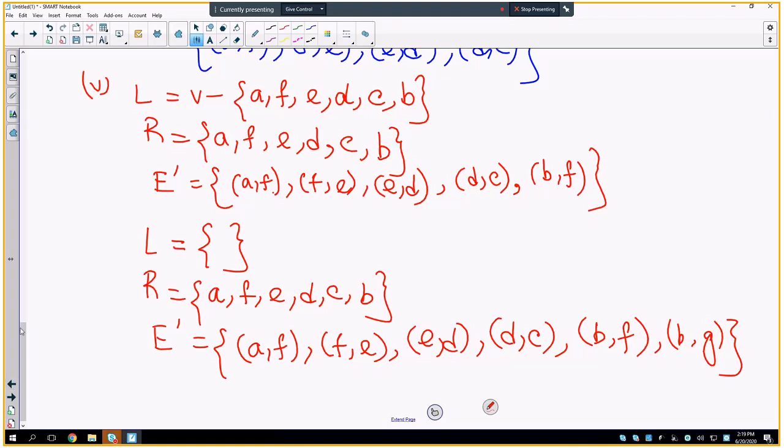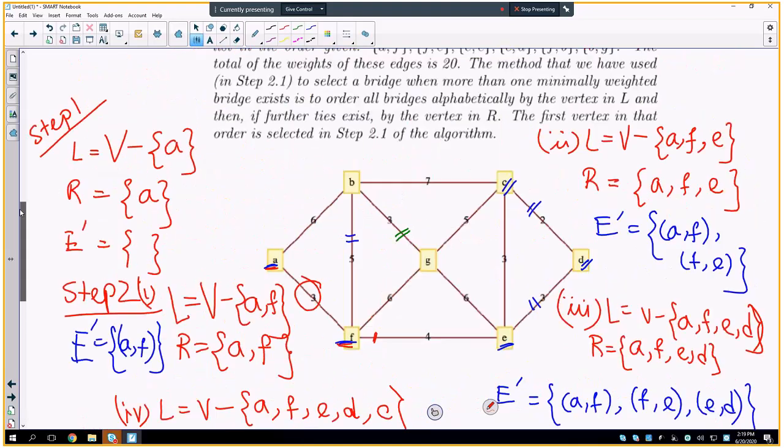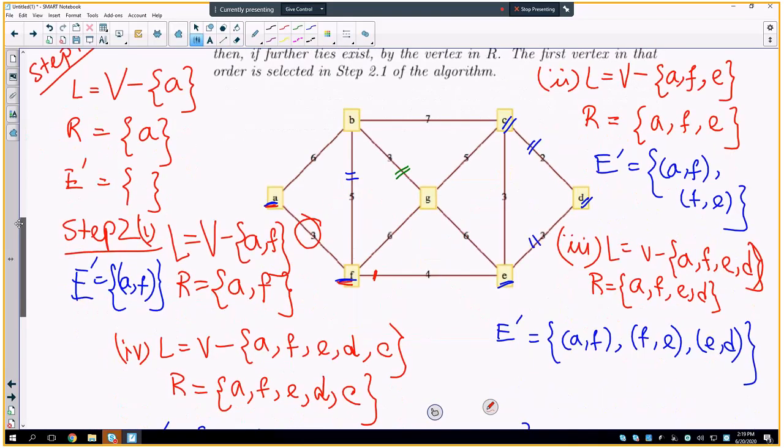So what is the minimal spanning tree? I will just draw on this graph the edges that I have selected in the set E prime, and that will give me an idea of what the minimal spanning tree is in this situation. We started with AF, so that is considered.